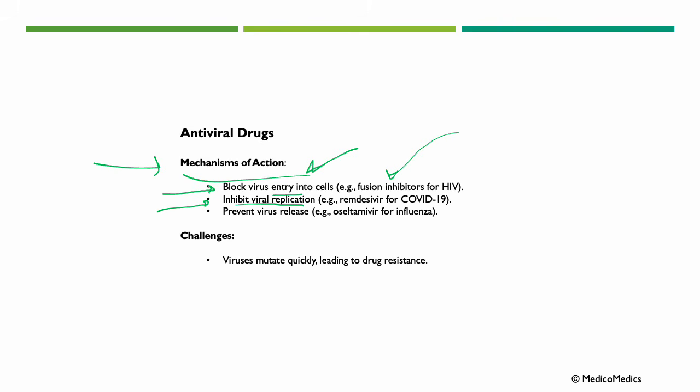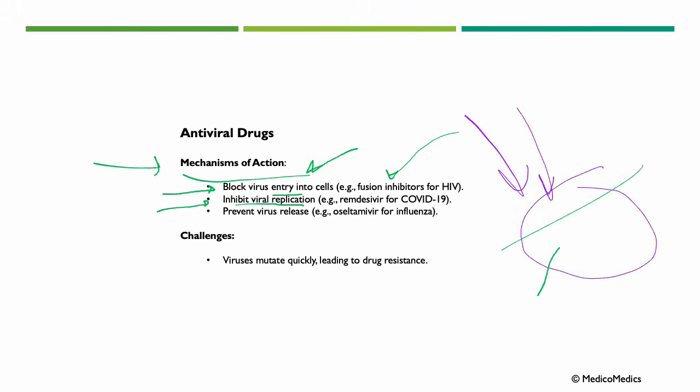So remember, when it has entered the host cell and delivered its content, now it wants to replicate. So we give a drug to stop this. Furthermore, after replication, the virus begins to move towards releasing its product to go cause more mayhem. So we have drugs to block that, preventing virus release.